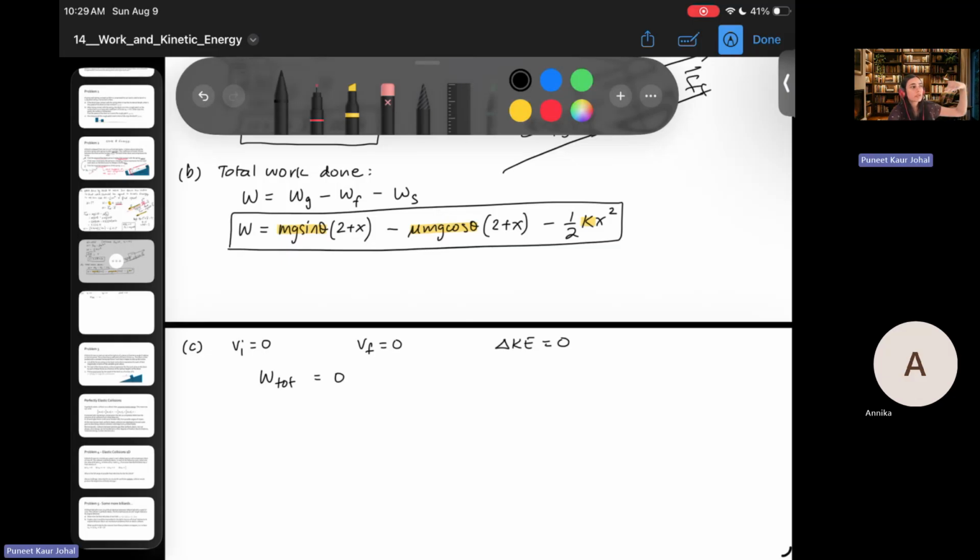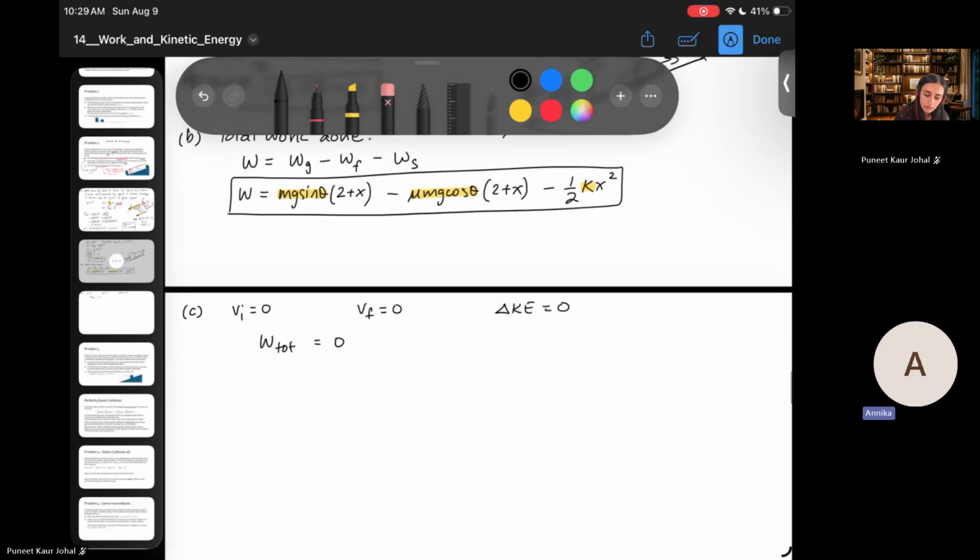The work done by gravity to push it has now been balanced by the work done by the spring and friction. So the positive equals the negative, and altogether it should become zero, which means you have work gravity minus work friction minus work spring equals zero.